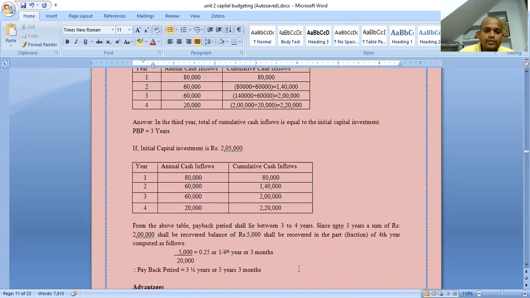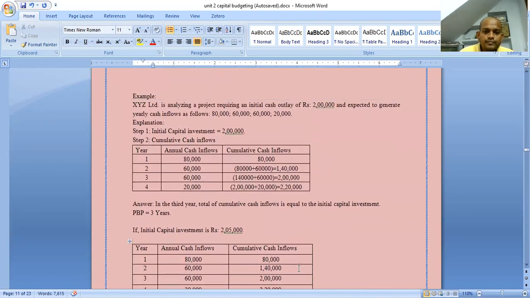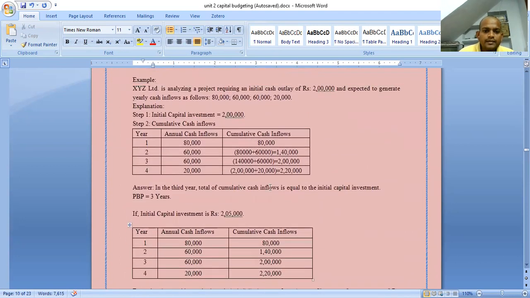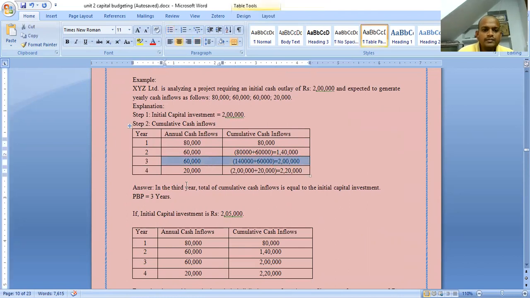Say for example, here the payback period is 3 years, right? So it does not consider further cash flows.